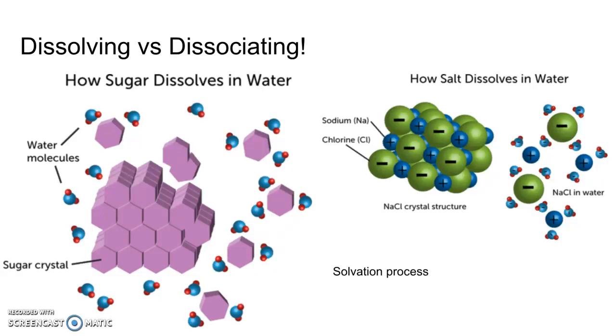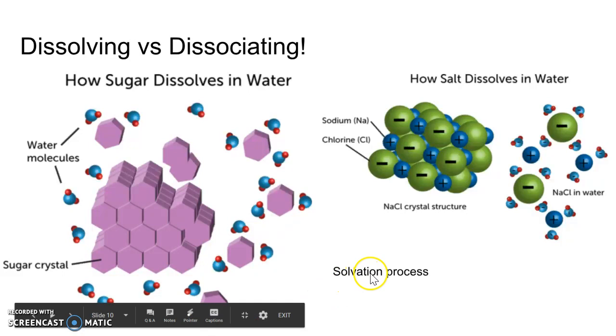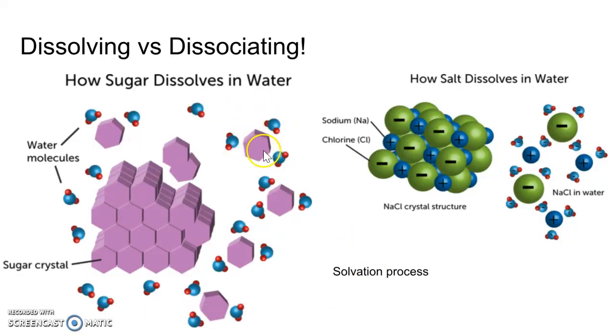All right, this comes, of course, back to dissolving versus dissociating. We've talked about sugar and salt a lot. Sugar is a great covalent compound to think about, and salt is a great ionic compound to think about. When we're going through what's called the solvation process, that really just means that water molecules surround a particular molecule of the sugar, or one of the ions in salt.